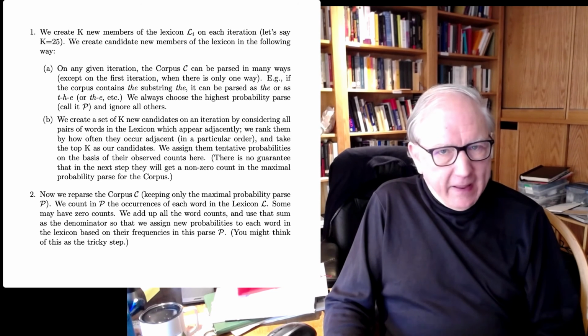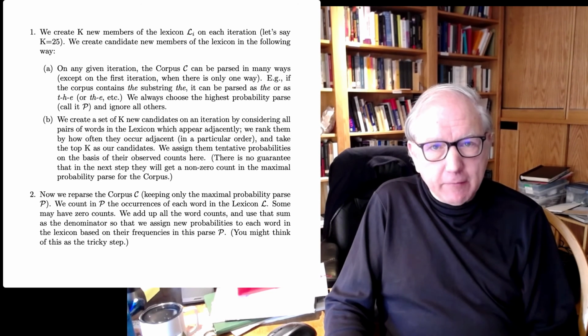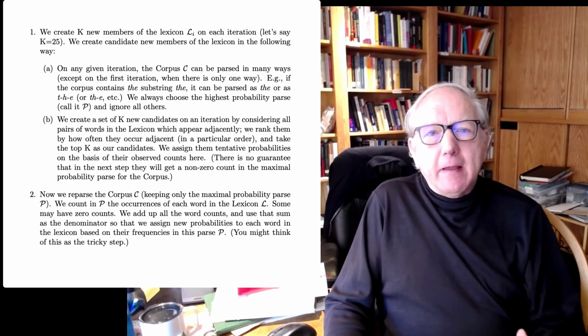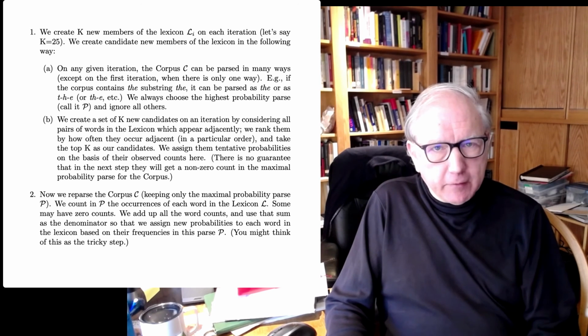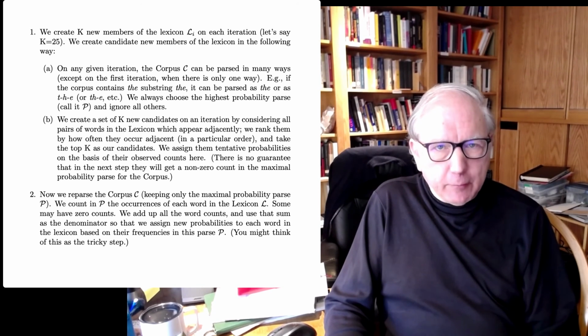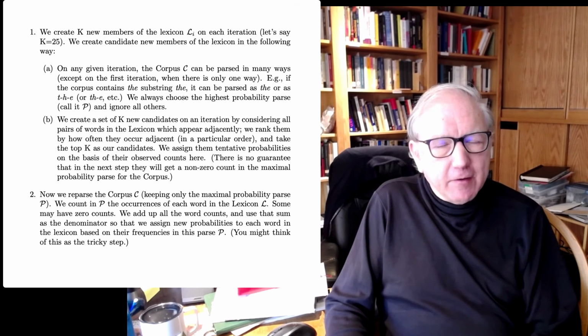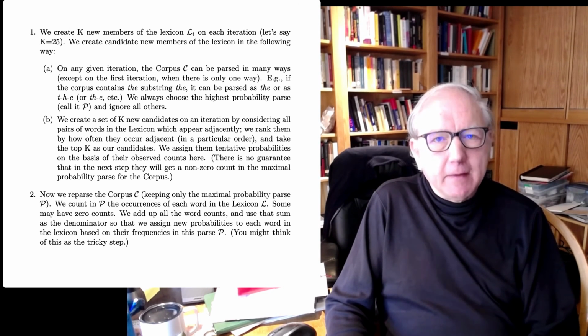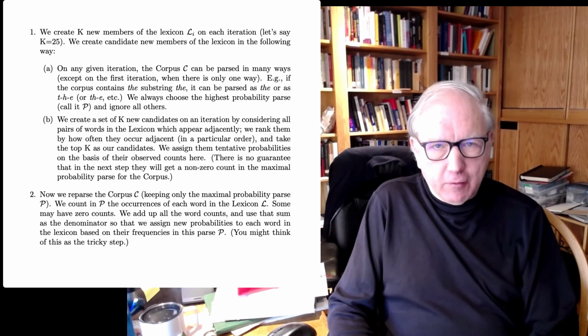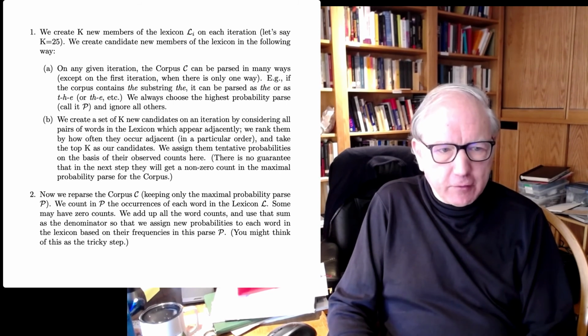So we add all those counts up. That gives us a denominator, and the numerator for each word is the number of times it occurred. That gives us probabilities. If you're following all the details that I've got here, there's a little bit of overcounting, but it doesn't matter. It's going to go away in the wash, so to speak, in just a moment.